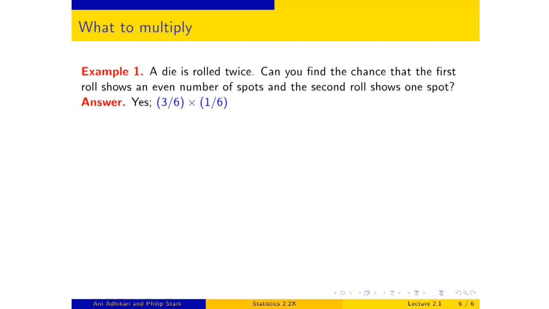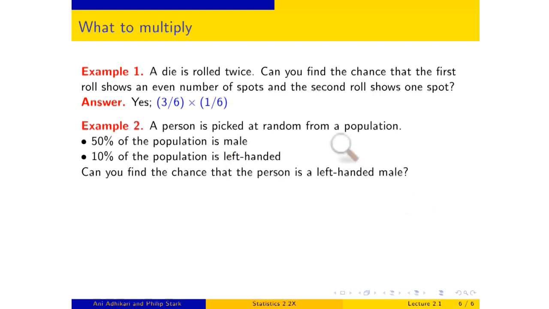If instead I say, I'm going to pick a person from a population, and in that population half the people are male and 10% are left-handed, can you find the chance that the person that I pick is a left-handed male? Well, then what are you going to do? One way to start is to say, well, they've got to be male and left-handed. So fine, they've got to be in this 50%, and then times... I think you're going to get stuck.